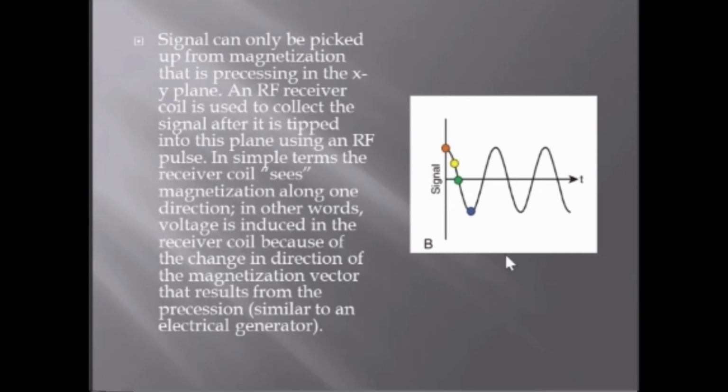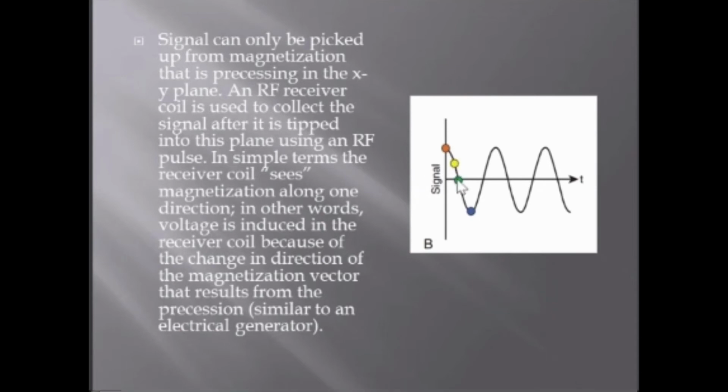The signal is collected from the receiver coil along the x direction. Immediately after the RF pulse, or radio frequency pulse, the signal along the x direction is maximal, leading to a large signal, the orange dot. As the magnetization precesses, the signal decreases, the yellow dot, until it reaches a minimum when the magnetization points along the y direction, the green dot.